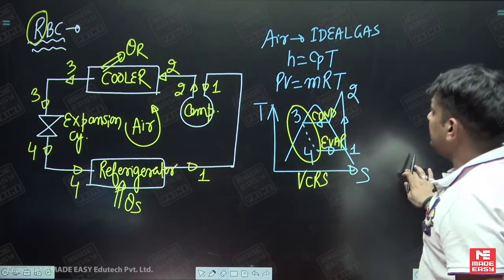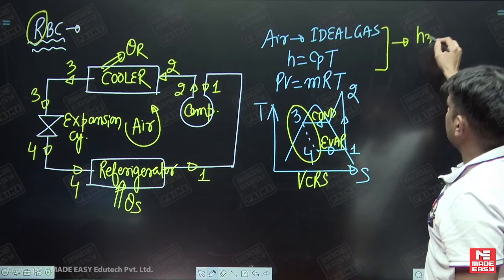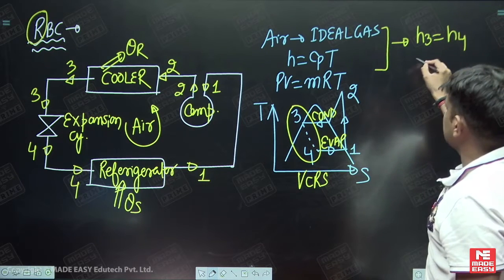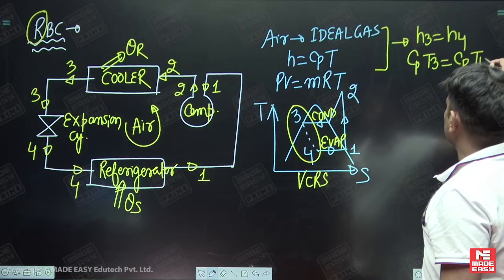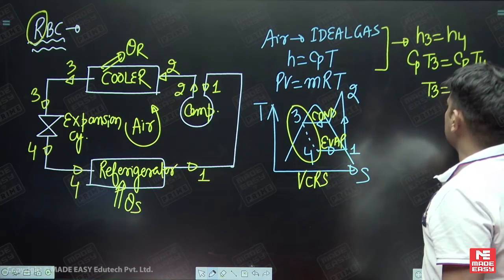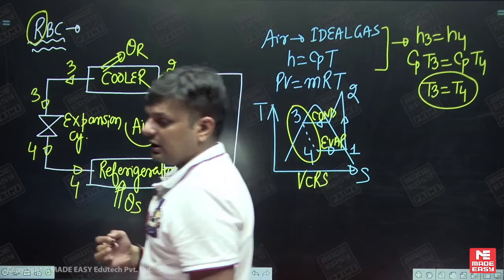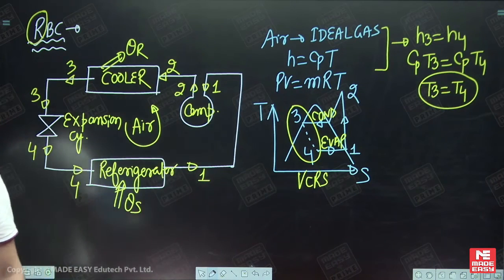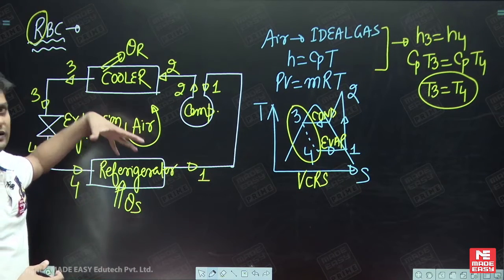Why? In this case we are using isentropic expansion, because if you use isenthalpic, then H3 is equal to H4. Enthalpy is a function of temperature, so T3 is equal to T4. It means there is no temperature drop in the expansion cylinder. If there is no temperature drop, instead of absorbing the heat, it will reject.